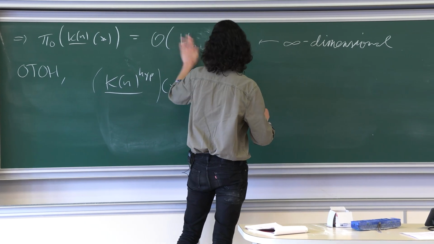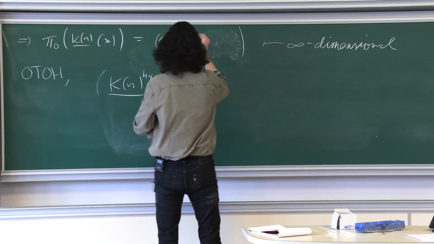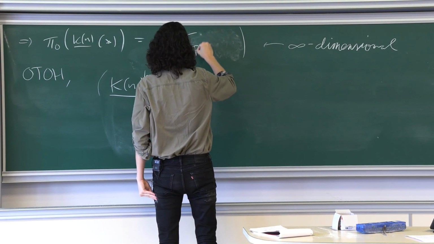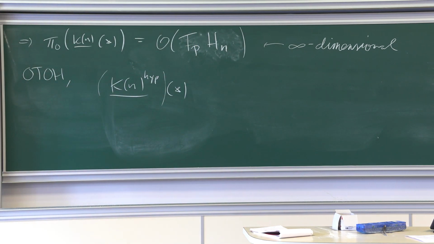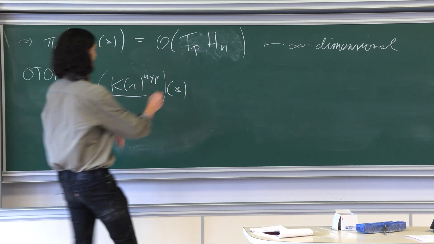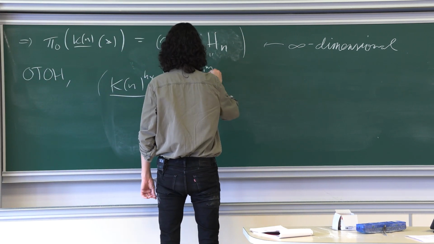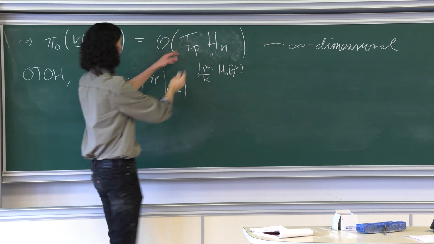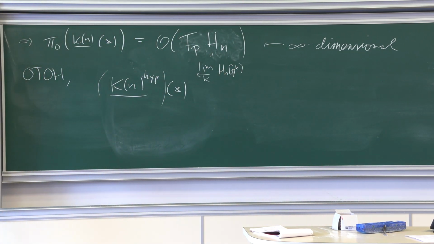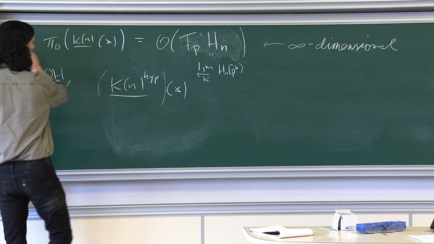It's on the Tate module. Thank you. You take the inverse limit instead. On the level of O, it's a direct limit. Thank you so much, that was wrong.